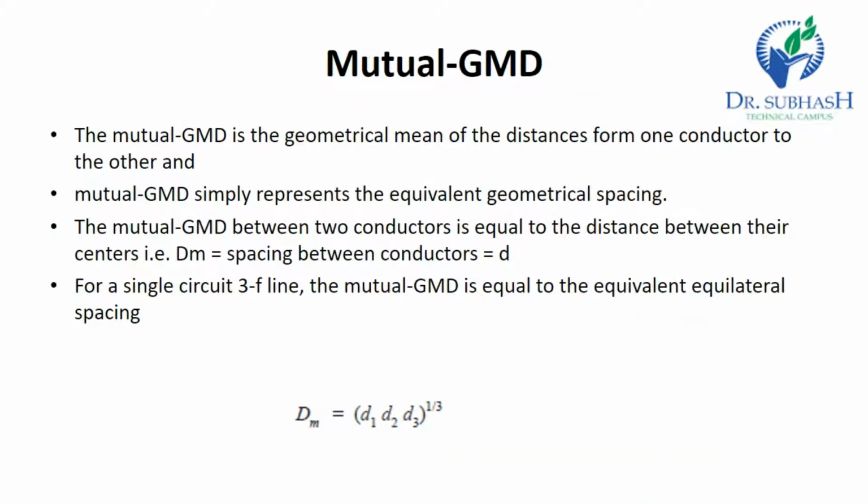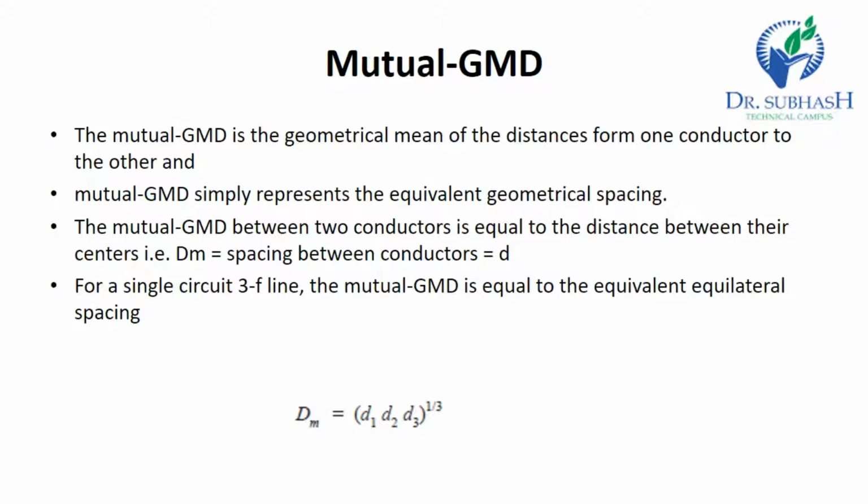Now, mutual GMD. The mutual GMD is the geometrical mean of the distances from one conductor to the other, therefore it must lie between the largest and smallest such distance. The mutual GMD simply represents the equivalent geometrical spacing.